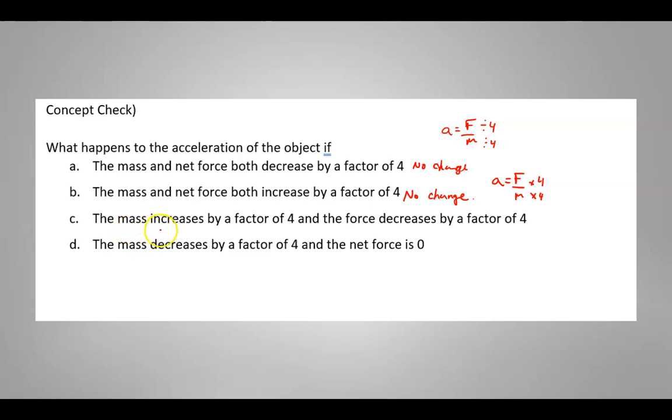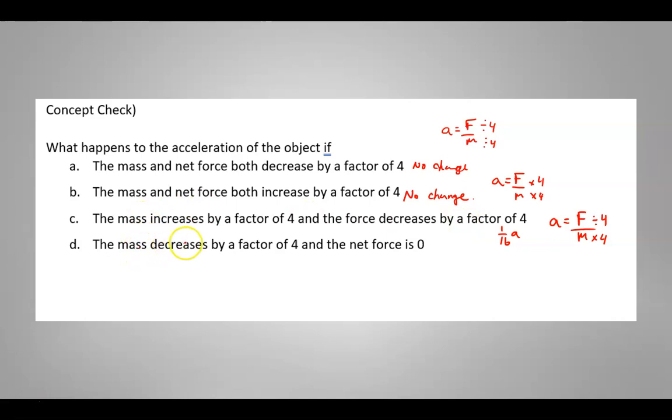What if the mass increases by a factor of 4 and the force decreases by a factor of 4? So a is equal to the force decreasing by a factor of 4 and the mass increasing by 4. Well, that would get you 1/16 of the acceleration. It would go down to 1/16 of its original amount.